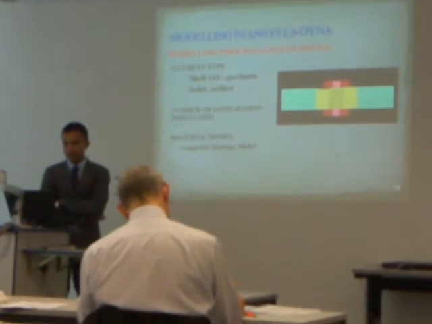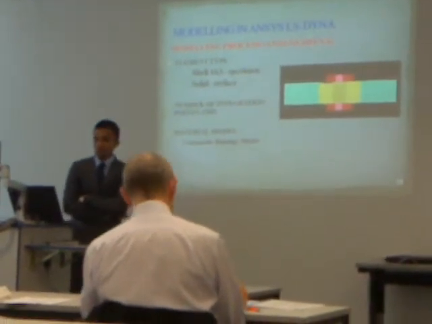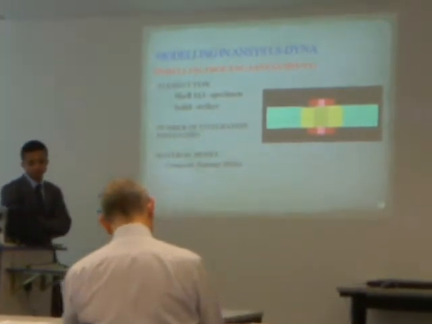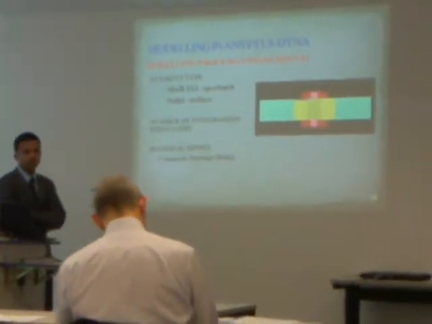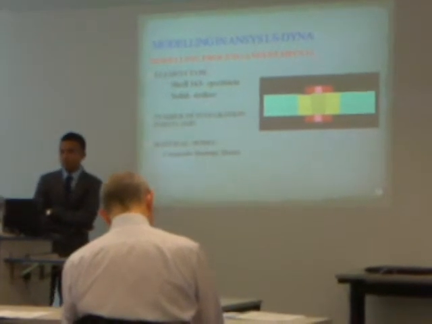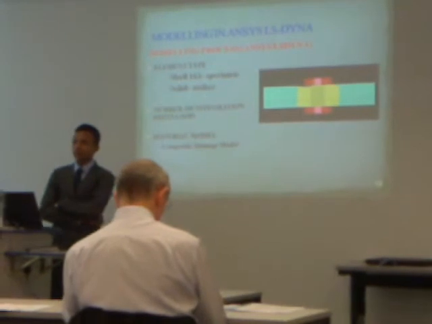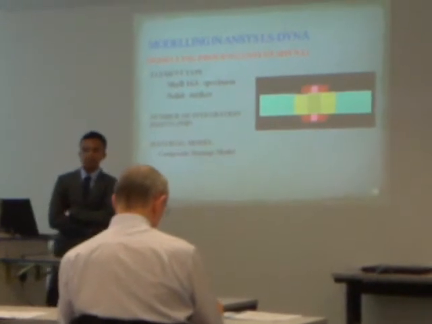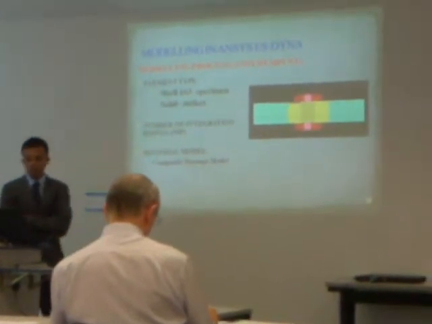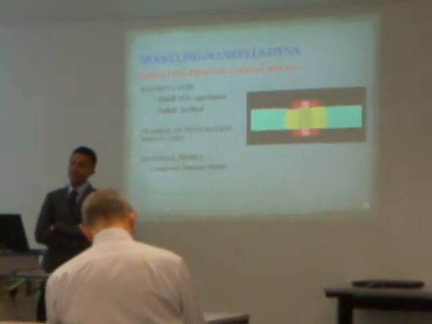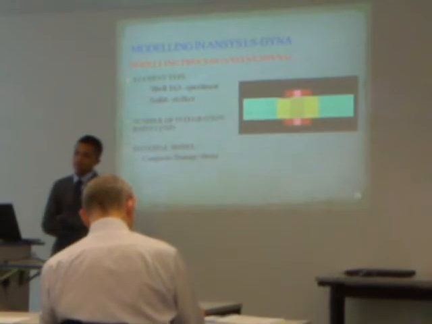Modeling in ANSYS LS-DYNA. In this modeling, I use element type 163 for the specimen and solid for the striker. The number of integration points I have used for this model is 6, because this is a plastic deformation.